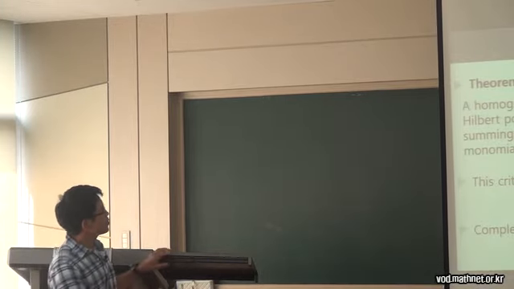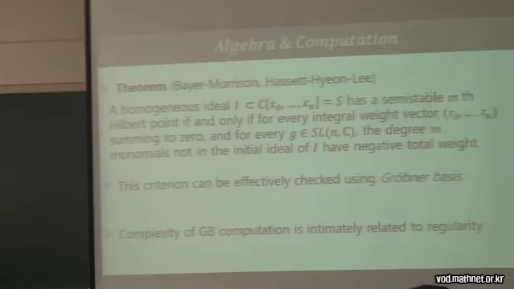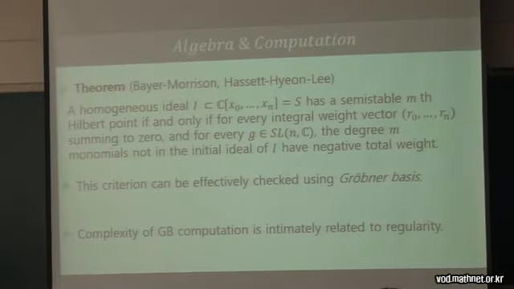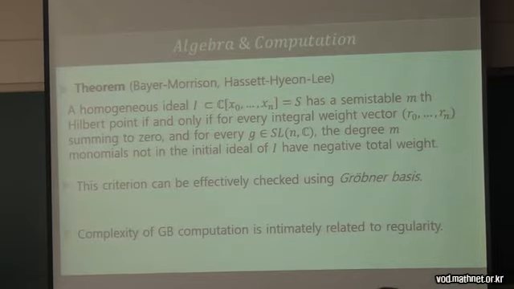And here's another theorem that is of interest to algebraists and computational algebraic geometers. An ideal has a semi-stable degree m Hilbert point. So remember, we defined the Hilbert point by using this coefficient matrix in the Grassmannian.